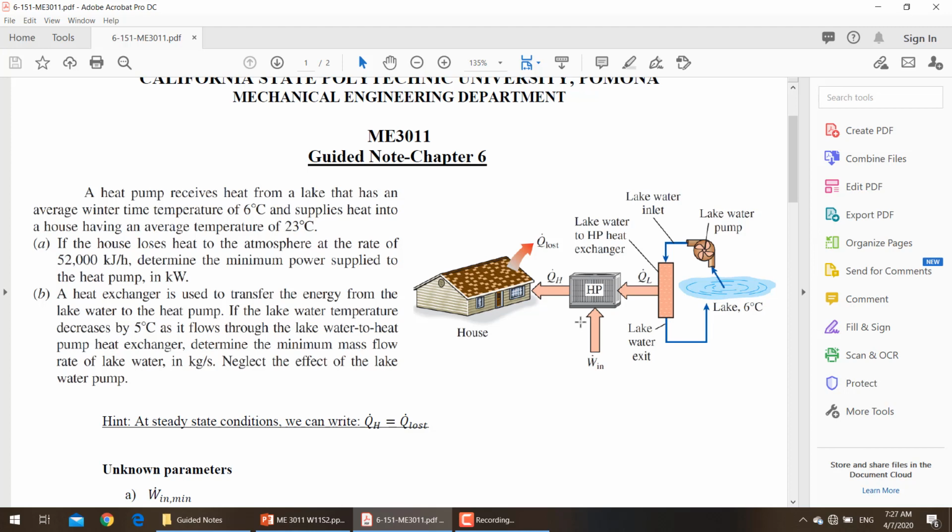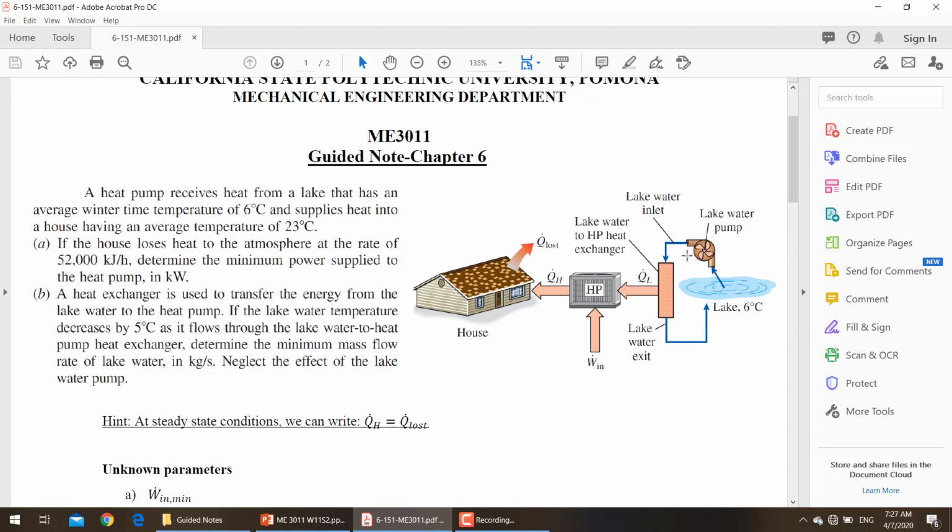Okay, guys. Based on my explanation, you are looking for the M dot for water. So you should select this heat exchanger as a control volume. Why? Because this unknown parameter, the M dot, must cross the boundaries, correct?